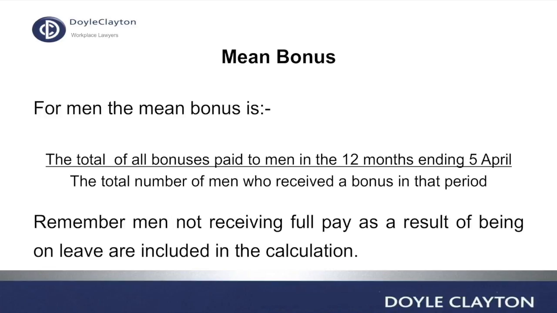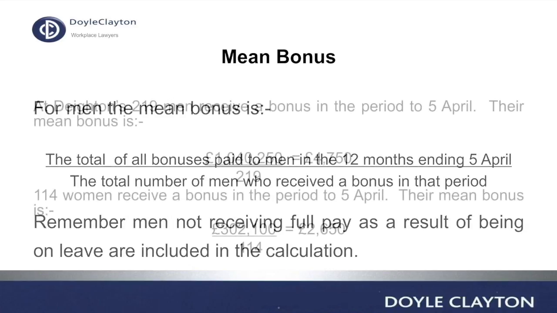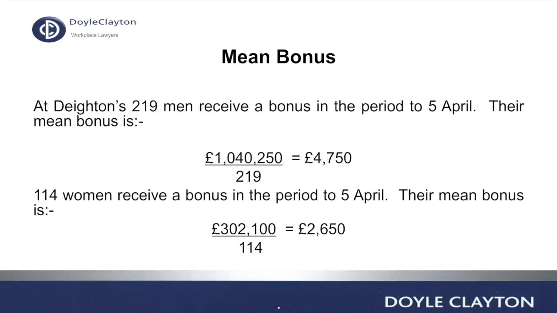With this information, James, can you give an example of how you would calculate the mean bonuses for men and for women at Dayton's? If you add together all the bonuses paid to men at Dayton's, you reach a figure of £1,040,250. So the mean bonus for men is £1,040,250 divided by 219, the number of male employees.